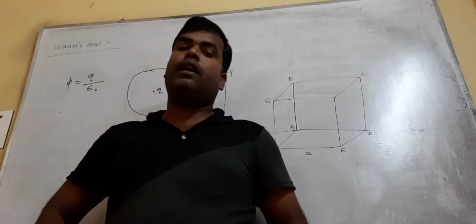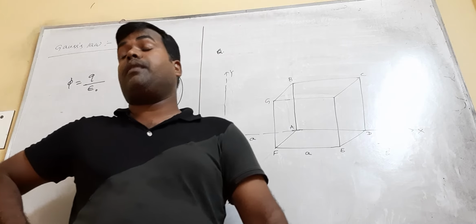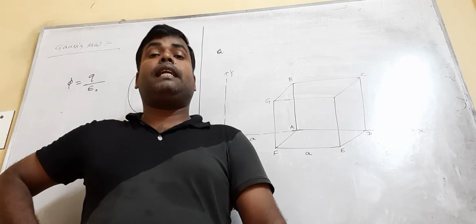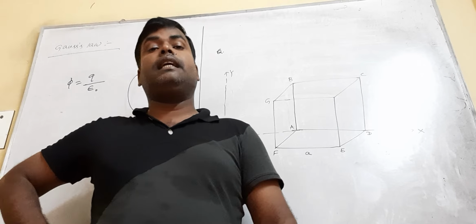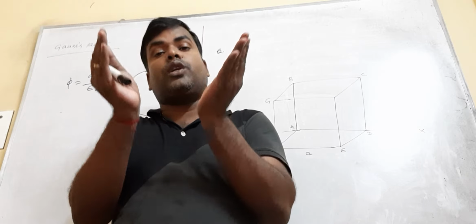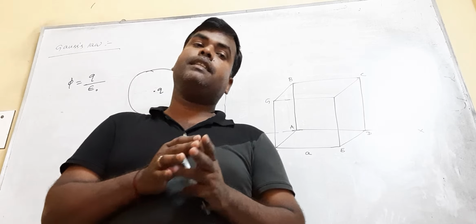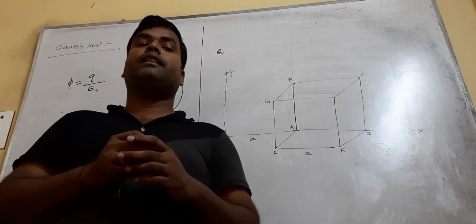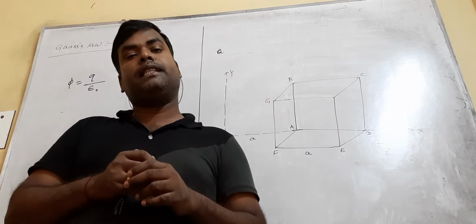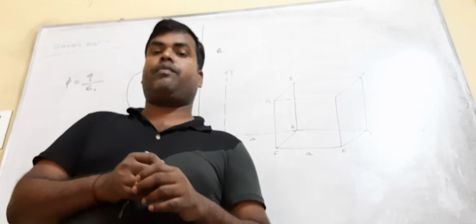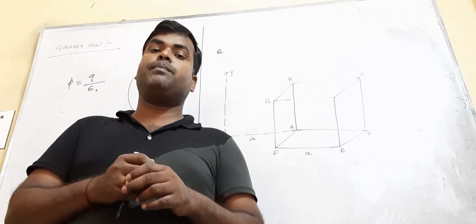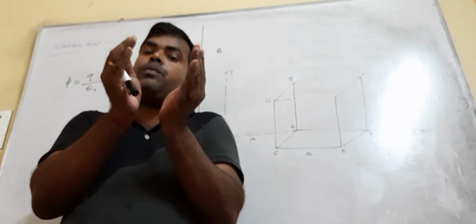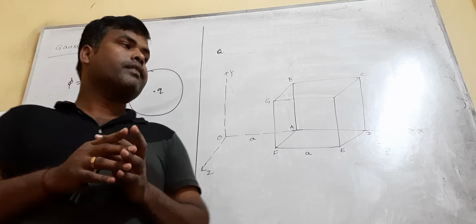The electric flux linking with a closed surface is 1 by epsilon 0 times the net charge present within the surface. Present within the surface means that it is enclosed by the surface.